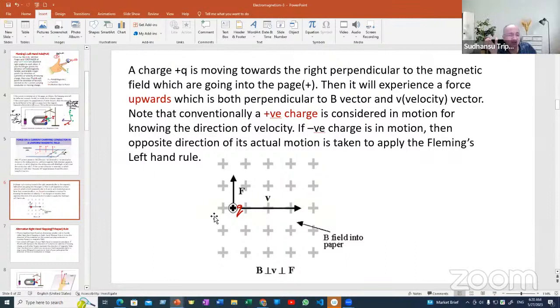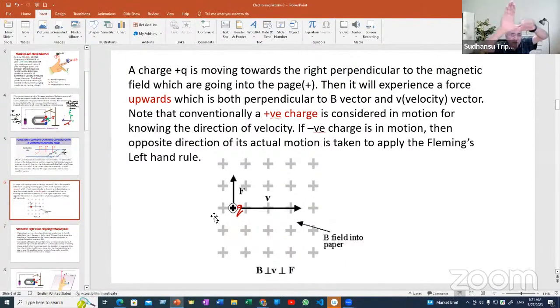The palm is kept straight, not like this, straight, as well as the fingers, and the thumb must be perpendicular to the other fingers and they will lie in one plane.